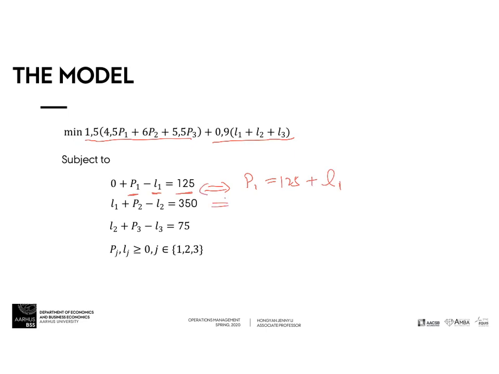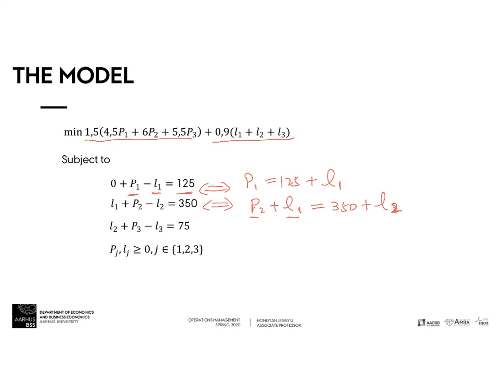So similarly, you can write P2 plus L1, so the current production plus the inventory from the previous period equals the demand in the current period plus the end of period inventory.